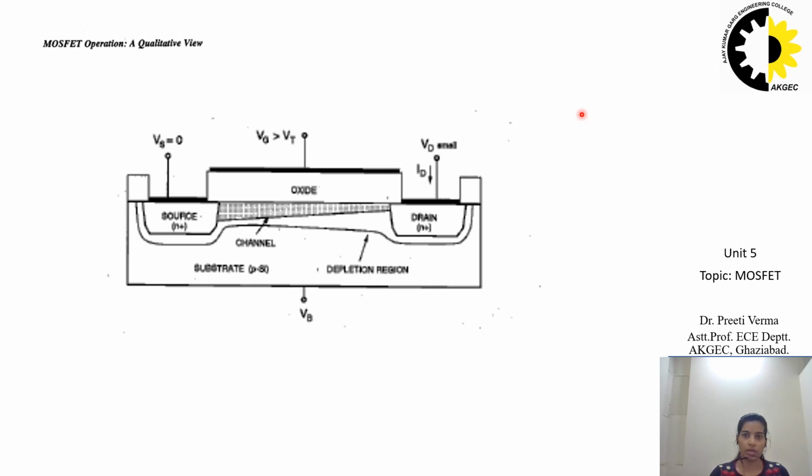Due to the effect of this positive voltage, the depletion region towards the drain will get broader and the channel will get thinner towards the drain. Why will this happen? Because here Vd minus Vg will have some larger positive value, so that positive value will attract more negative charges.